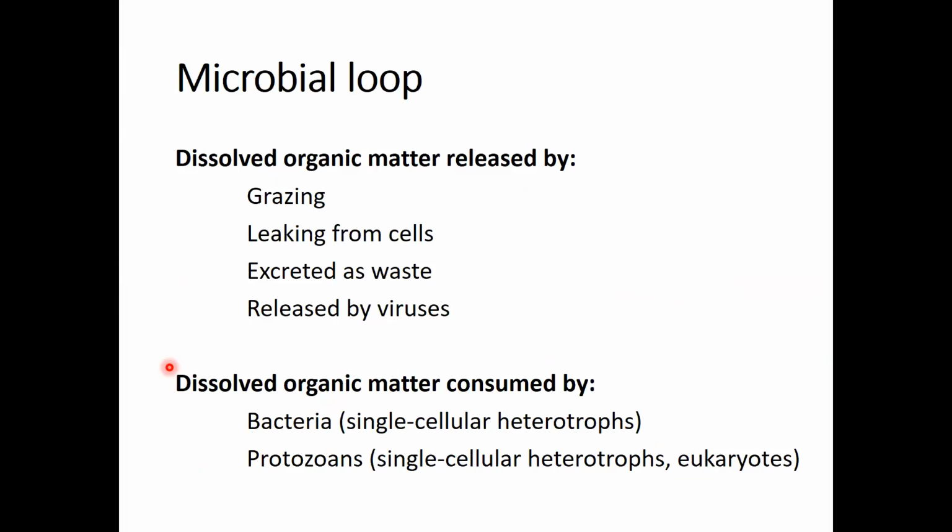But that dissolved organic matter can be consumed by bacterial cells and also protozoans, so single-celled heterotrophic eukaryotes. So these two processes are the microbial loop. This release of dissolved organic matter and then the consumption of dissolved organic matter.